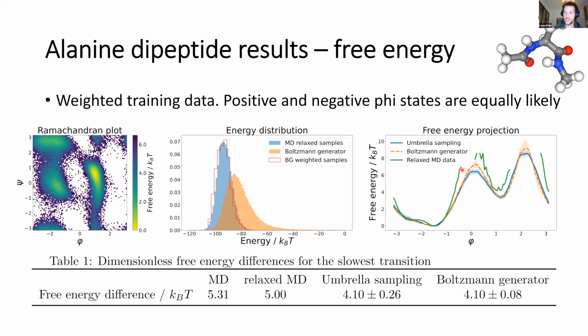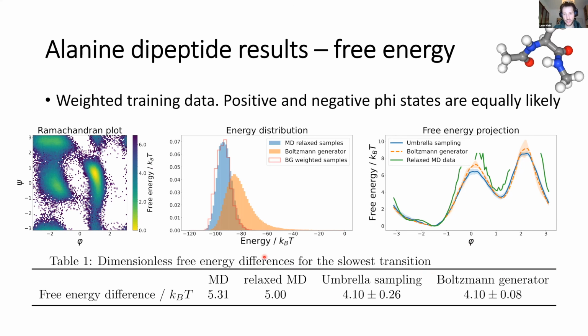Here again in the transition states, where we have only a few samples, that's a little off, but we usually don't care that much for these. And also, if we compute the free energy differences between these two possible states, which is shown here below, they agree very well, the umbrella simulation and the Boltzmann generator.